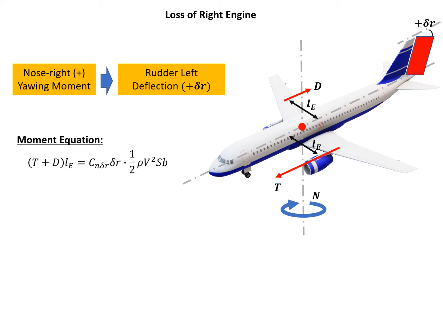And we can find on the right hand side there is a V squared. So let's assume V becomes smaller, so the aircraft is flying slower.